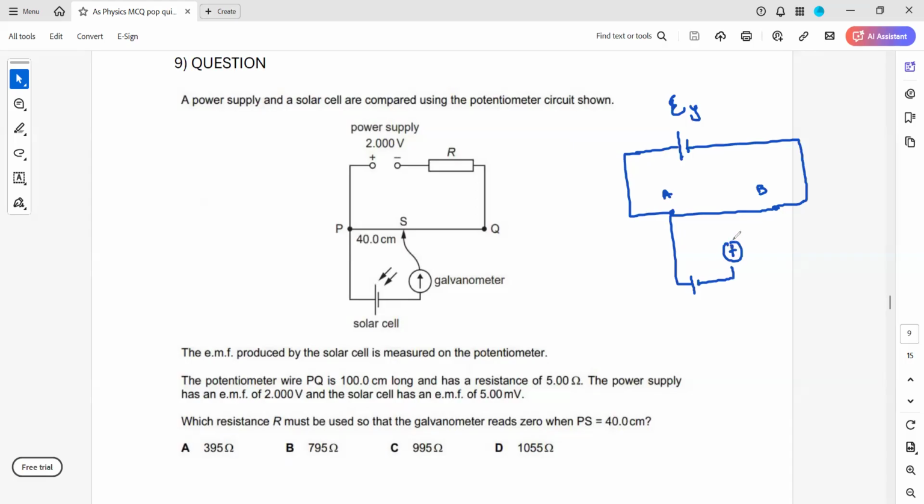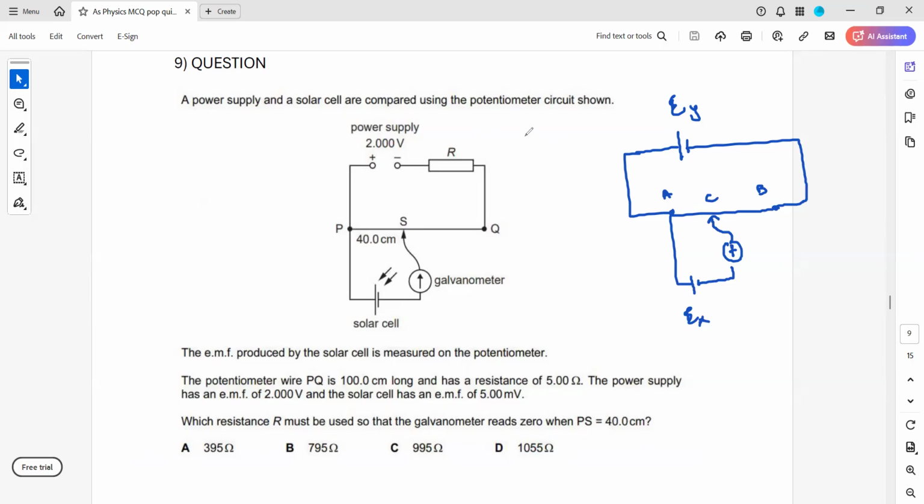When the galvanometer reading is zero and you move this sliding contact, say this is C, and this voltage is, for example, EX. So the concept of a potentiometer is that the ratio of the voltage and the ratio of resistance is the same, or we can also say the ratio of the length and the ratio of the voltage is also the same.